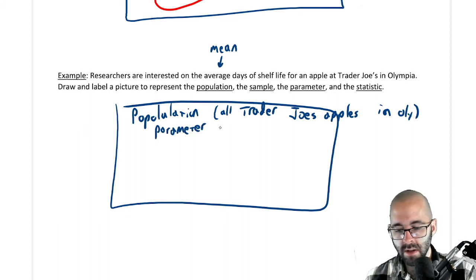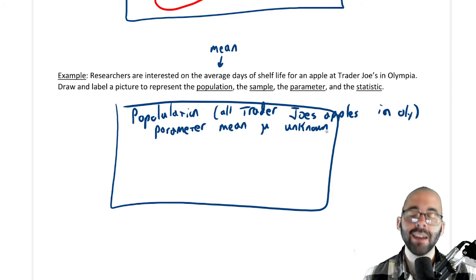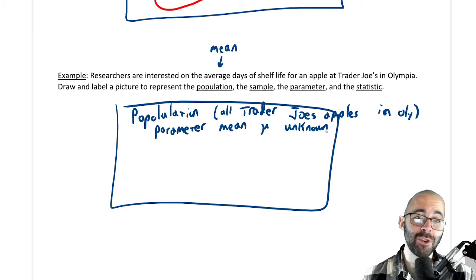Parameter is a mean, and mu is unknown. We just don't have the time or maybe the interest to measure the shelf life of every single apple in this Trader Joe's. Maybe we could. Who knows?